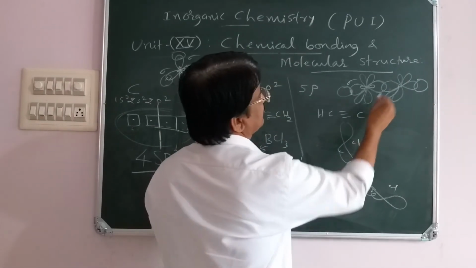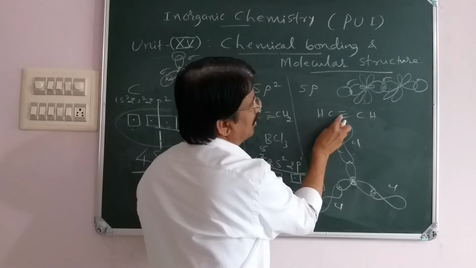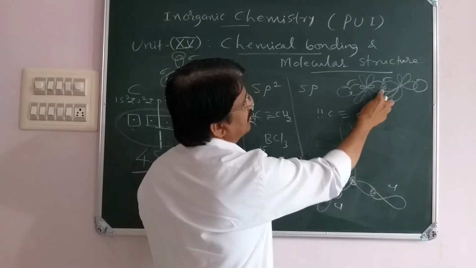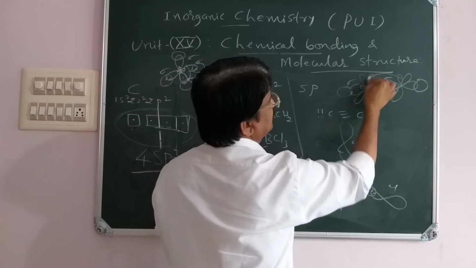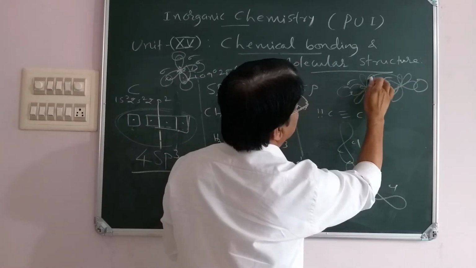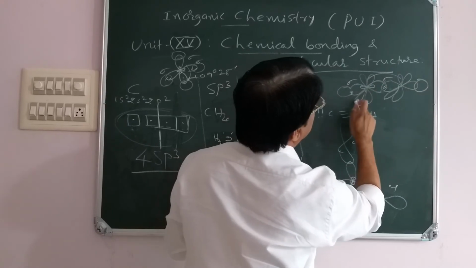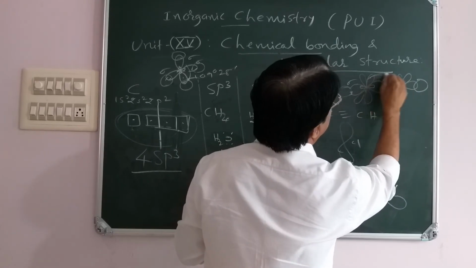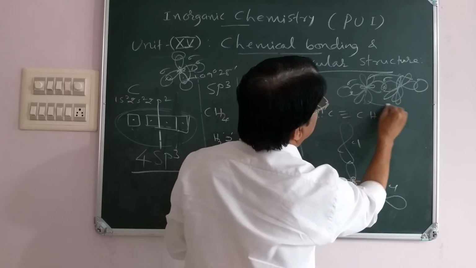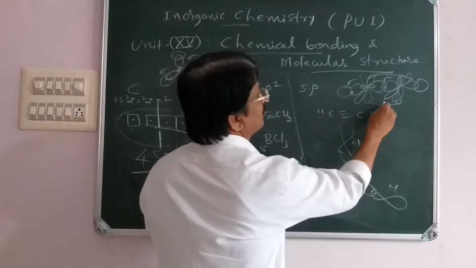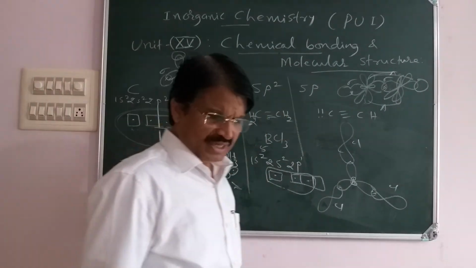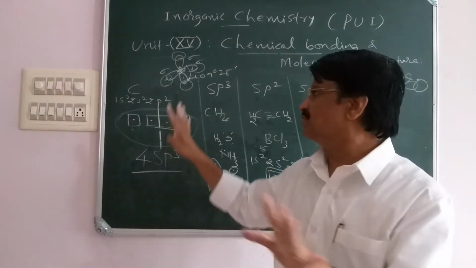Sigma bonds: CH, CH. This is sigma bond. Pi bonds, and one more pi bond. Pi bond, pi bond.